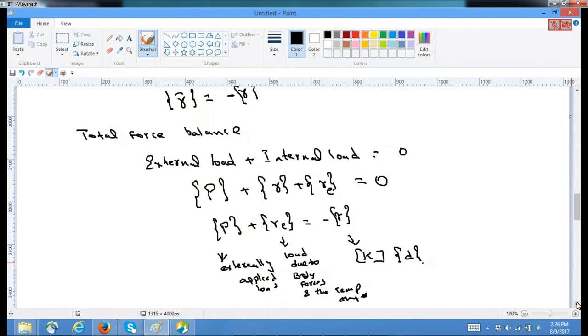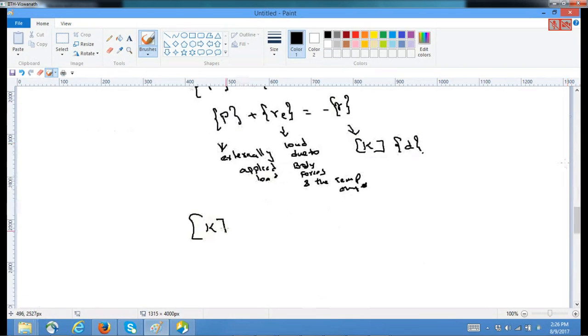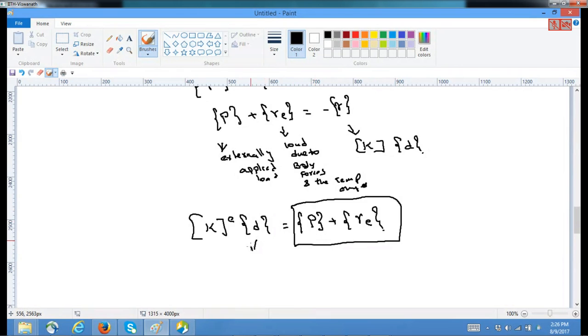So K element times D is equal to the external load plus the loads on the elements due to these things. This is your total force acting, this is your degree of freedom, and this is the stiffness of the structure.